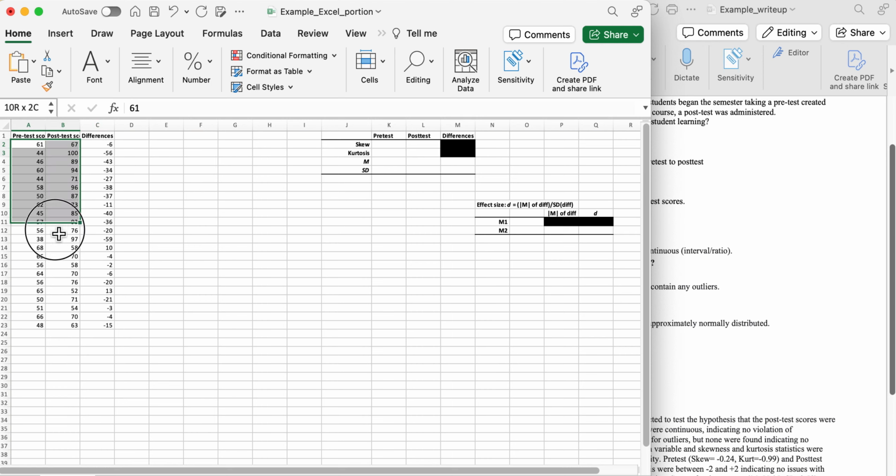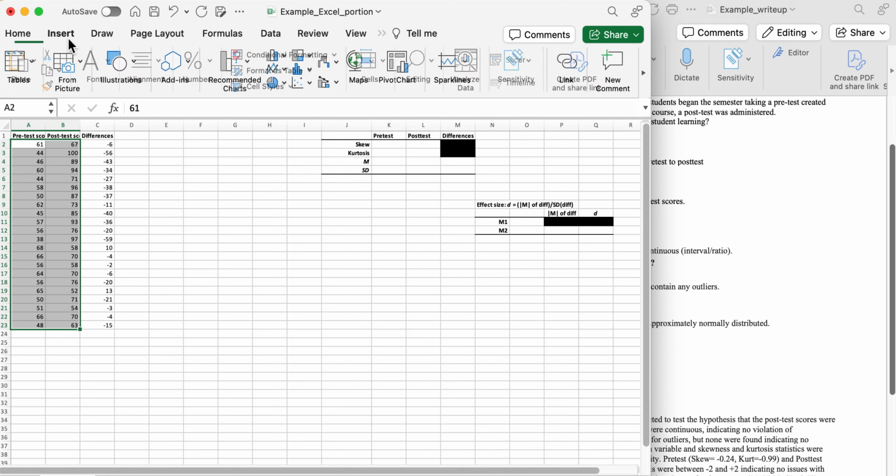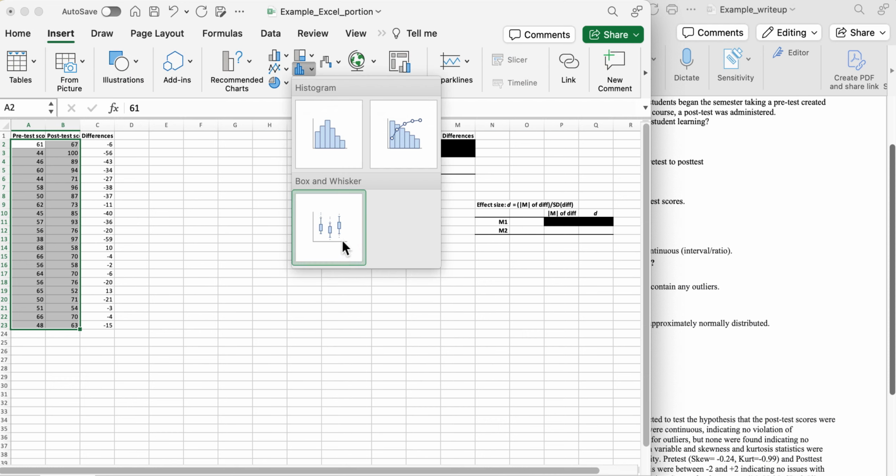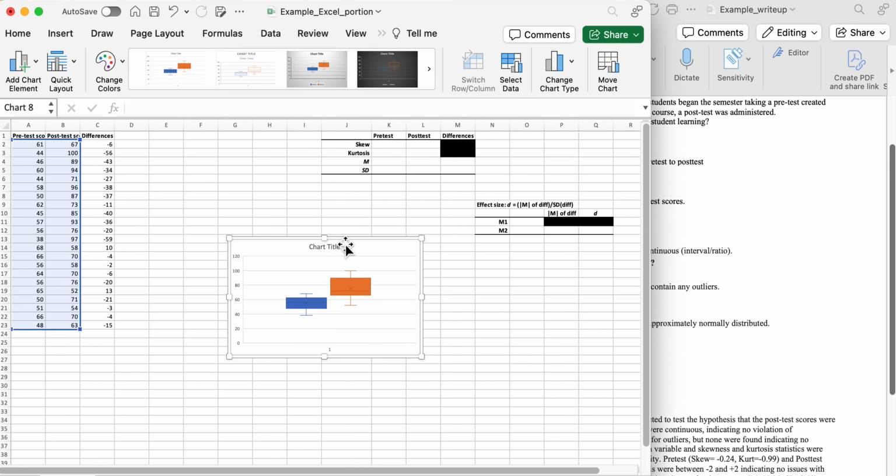So we're going to select all of the data that we want to create a box plot for. Box plots are going to check for outliers, right? So we're going to say insert, and we find the box plot under the histograms here. Box plot. Okay, so I don't have any outliers.